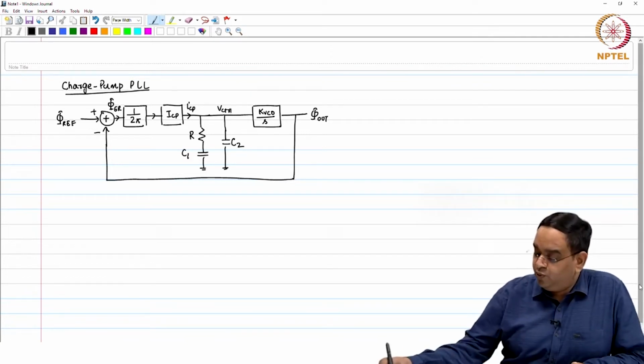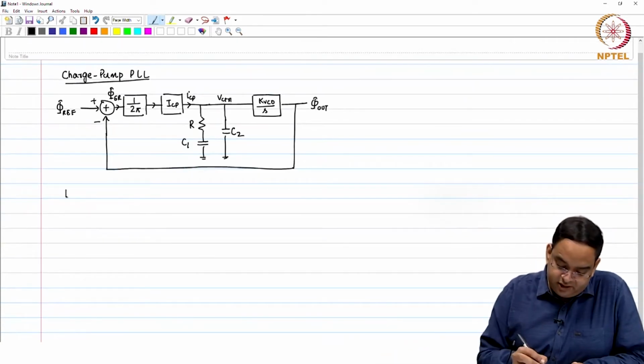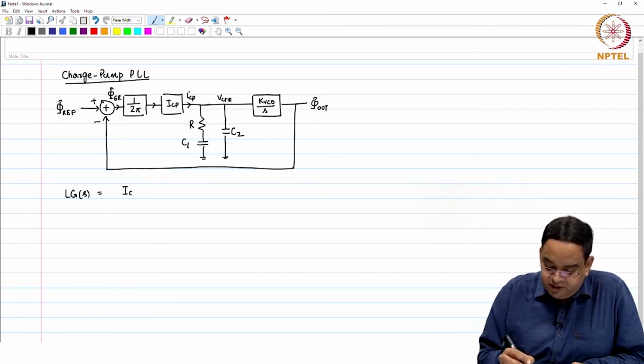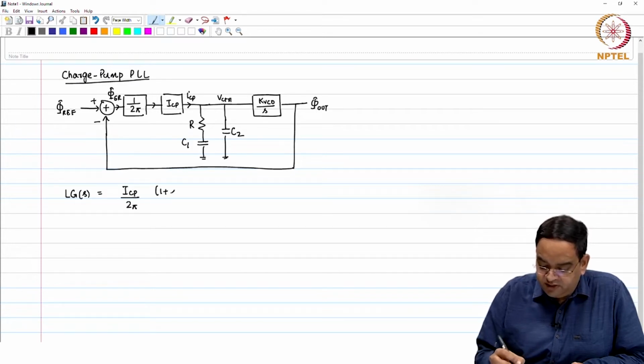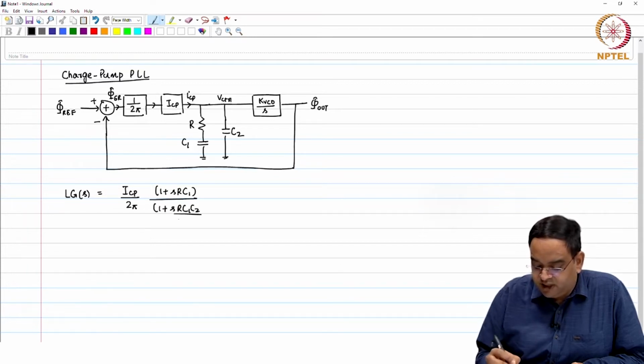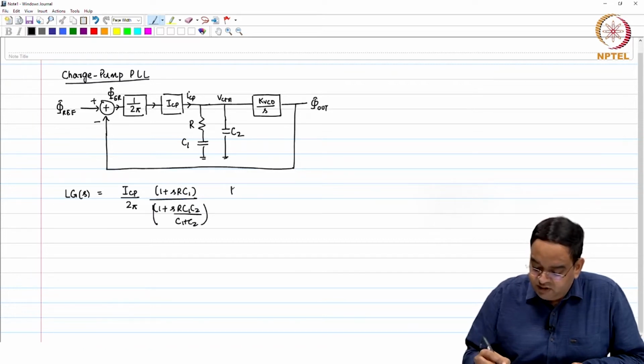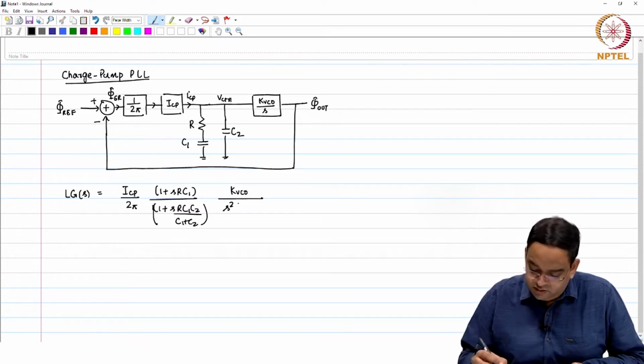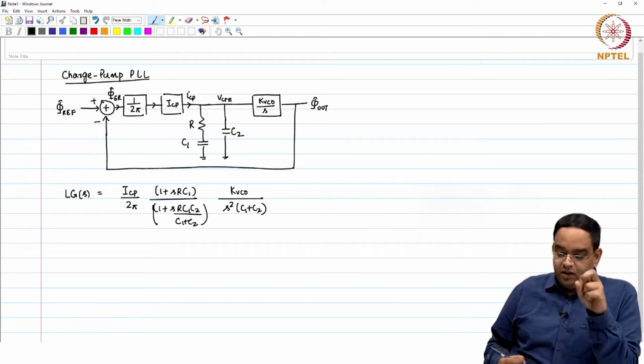Okay. The loop gain of this PLL has been ICP over 2 pi, we have seen this before, into 1 plus SRC1 divided by 1 plus SR C1 C2 by C1 plus C2 times kVco over S square into C1 plus C2. Okay.